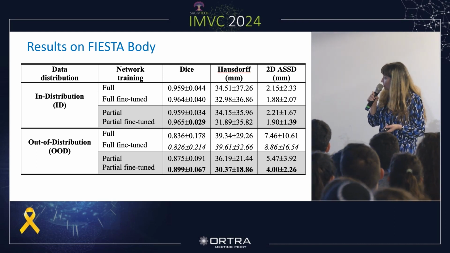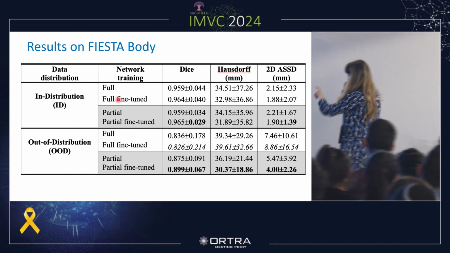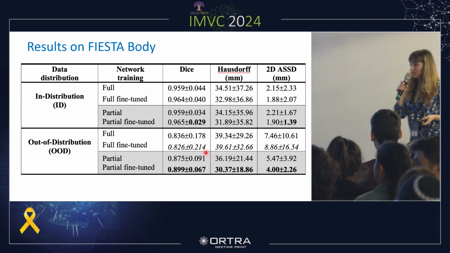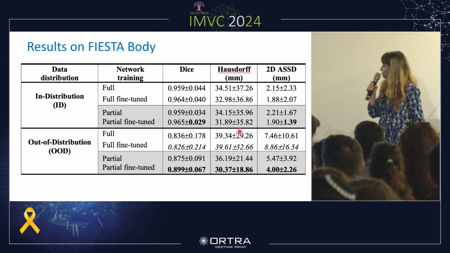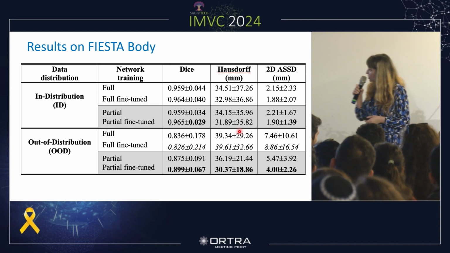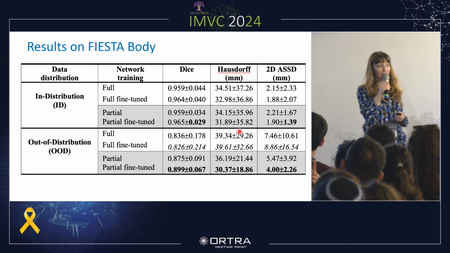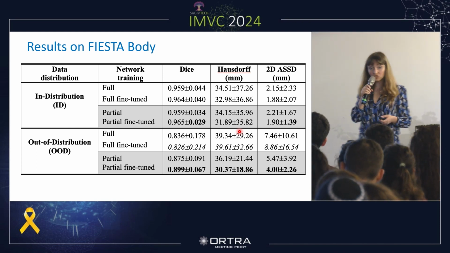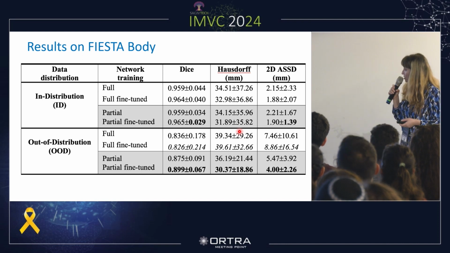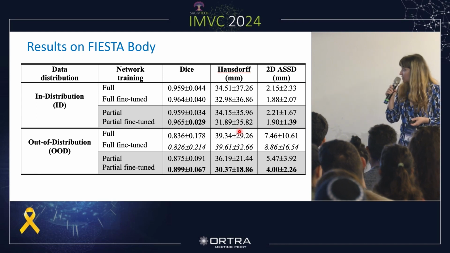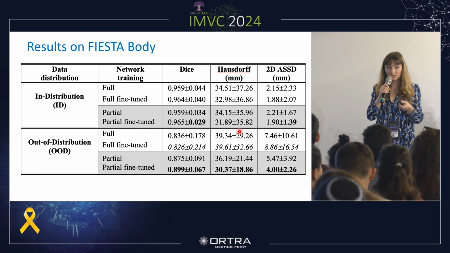Now, the interesting thing comes when we are looking at the out-of-distribution data here. When comparing the full and partial annotations, you can see that we have differences also in average performance, with partial annotations having a DICE score of 0.9 compared to full annotations with a DICE score of 0.84.